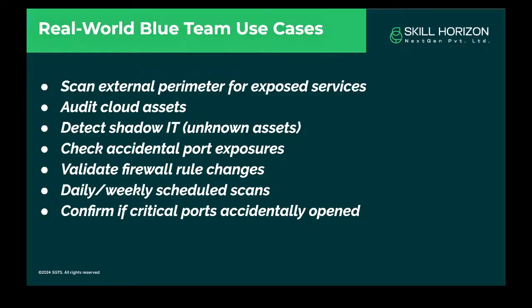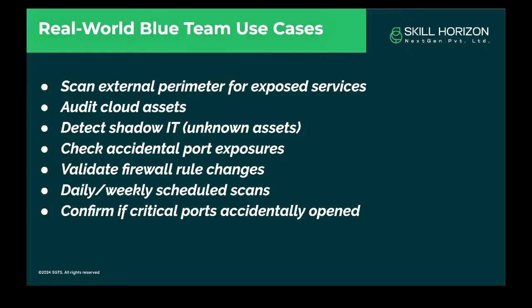Unknown assets, check accidental port exposures, validate firewall rule changes, daily, weekly scheduled scans, and we can confirm if a critical port was accidentally opened. So that's the use case of Masscan. This is not that deep a tool, so that's why the commands are not that many, and the use cases are not that useful, right? But you should know about it.